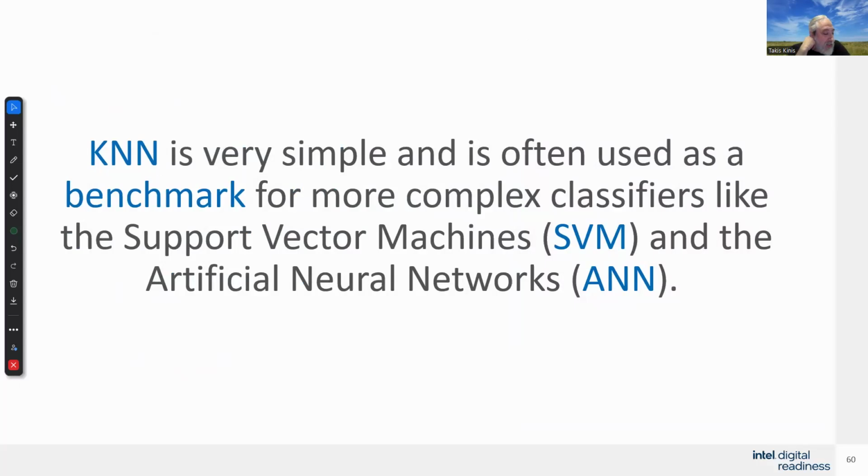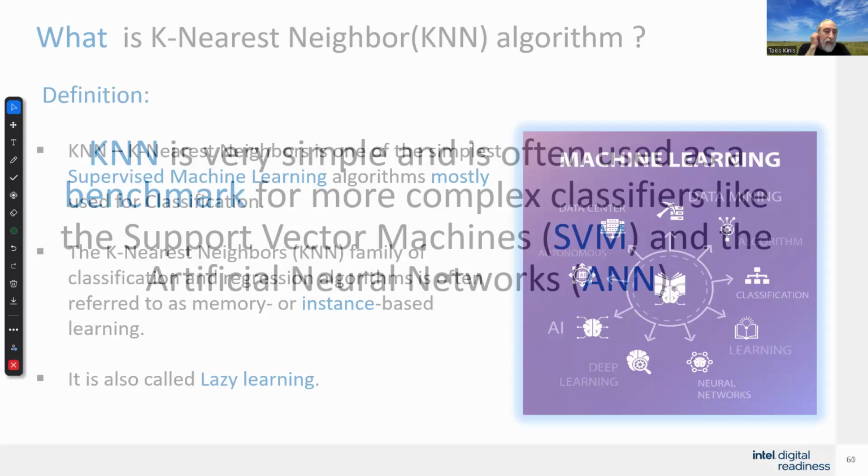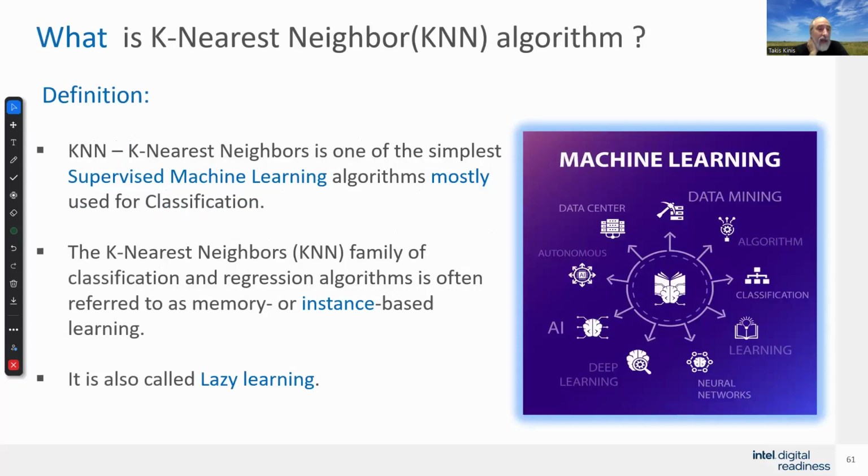Notice that this particular algorithm or model approach is used as sometimes a basis for higher level, more complicated models. So often when we look at the SVM and the ANN that they're talking about here, we start with KNN first, and then we use that as the basis to build those others. We will talk about SVM here tonight.